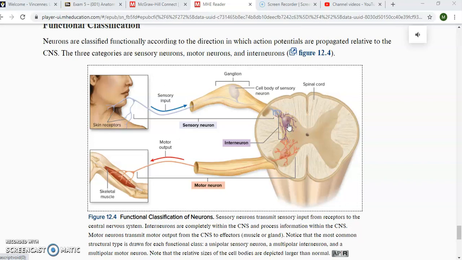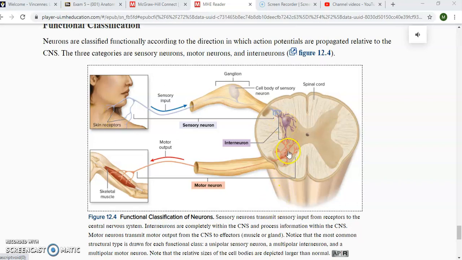A lot of the interneurons in our CNS are the ones evaluating and processing information that's coming in and deciding what to do, like what other information it should send along to other neurons. So interneurons are just located in the CNS.